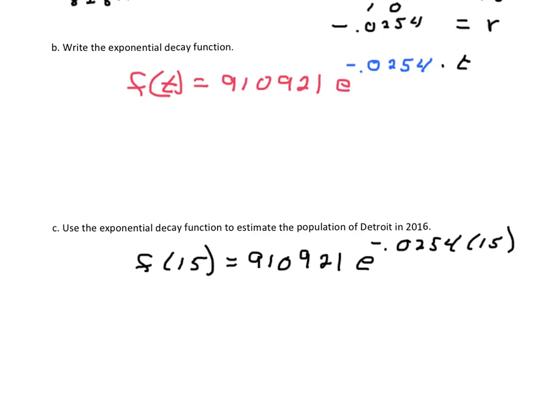Okay, and let's see what we get. So f of 15 gives us, let's see, 621,321.0863.